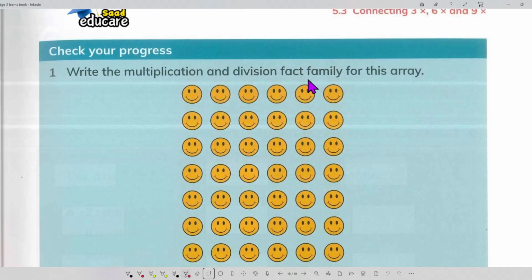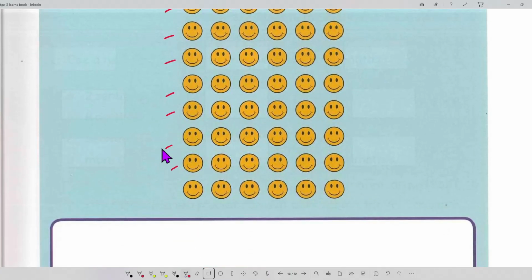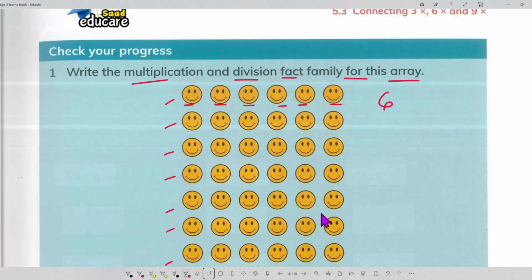Number 10, write the multiplication and division fact family for this array. How many smileys in this row? 1, 2, 3, 4, 5, 6. 6 columns, right? Then 1, 2, 3, 4, 5, 6, 7, 8, 9. 9 rows. It means 54.